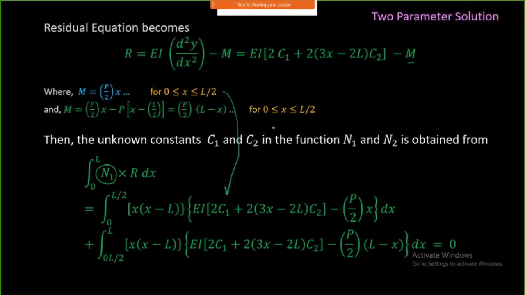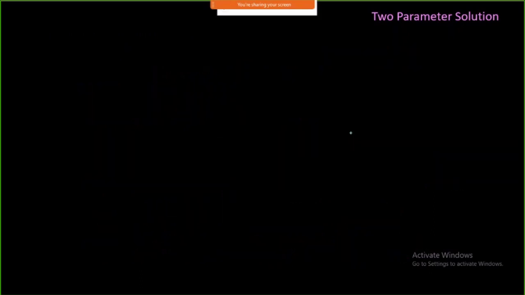This equation is for the first phase, and this equation is for my second phase. I can integrate and I will get one single equation which contains c1 and c2. So this way I get the first equation.